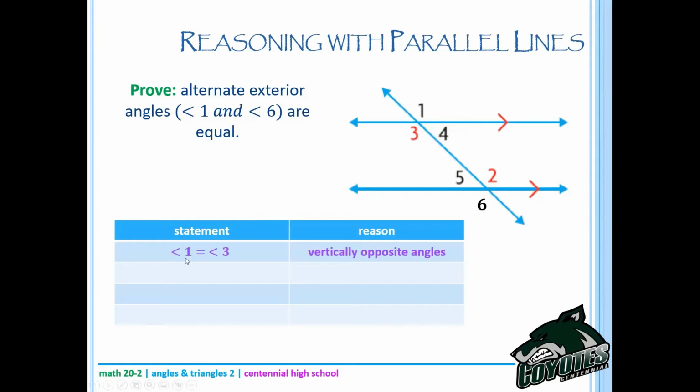Okay, so let's go through what things we know. We know that angle 1 and angle 3 equal each other because they're vertically opposite of each other. Okay, we also know that angle 2 and angle 6 equal each other because they're vertically opposite. Can you see where I'm going? All right, we also know that angle 2 and angle 3 are equal to each other because they're alternate interior angles.